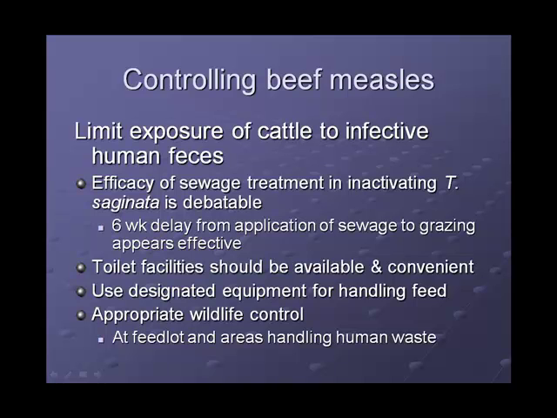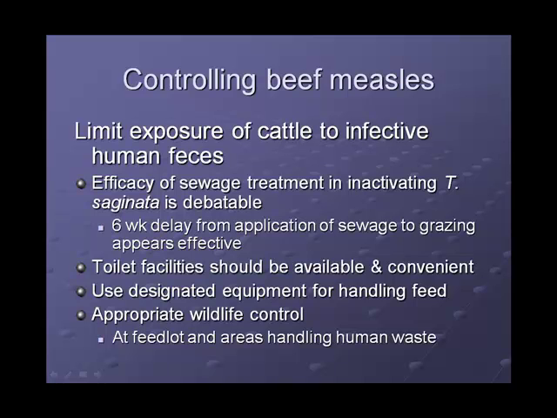I don't think it's been nailed down to a specific date, but it's been pretty well demonstrated that 6 weeks is effective at inactivating those organisms that may have been distributed with that waste. Ensure that toilet facilities are available and convenient to all employees. Again, that's not a pure cure because they can be shed in the absence of feces, but the vast majority of eggs are going to be shed in bowel movements.